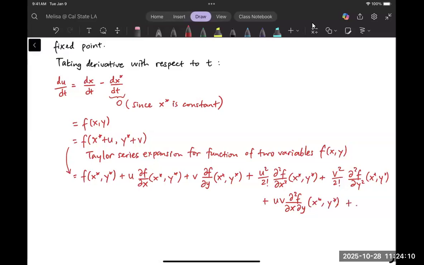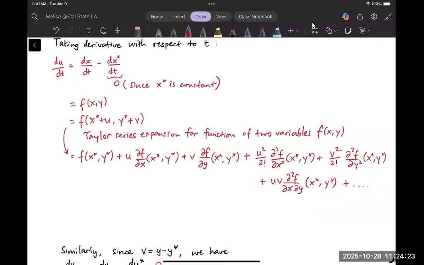Okay, and then you have a lot more terms for the higher order partial derivatives. But this is enough because, again, we assume that u and v are small. If u and v are small, when you square them, u squared and v squared are even smaller, right? So if you just want an approximation, you can ignore this part and everything of higher order, because you're going to have u squared, u cubed, and higher exponents.